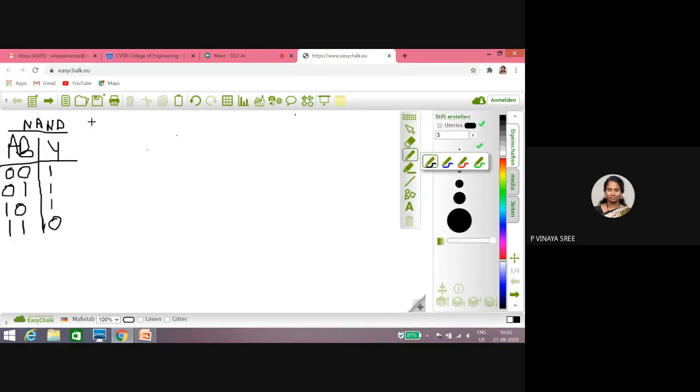So let me write the AND truth table. You will get A, B, and Y. You will get 4 combinations: 0 0, 0 1, 1 0, 1 1. If any input is 0, you will get 0; only 1 1 gives 1.